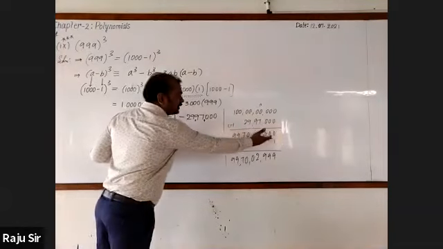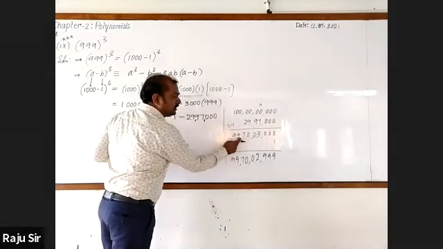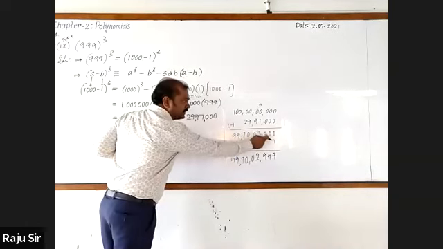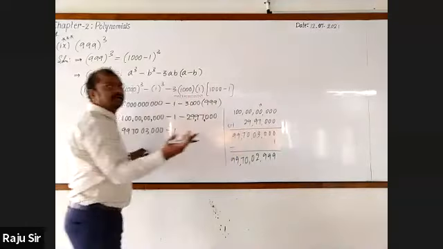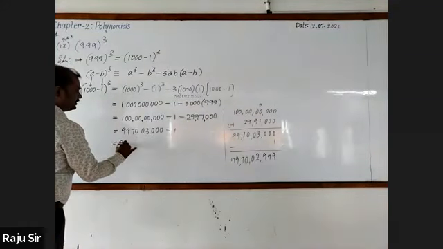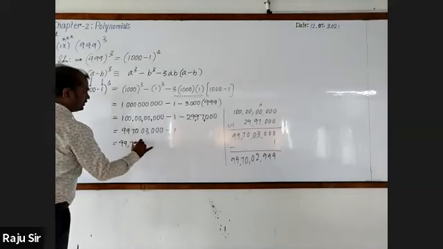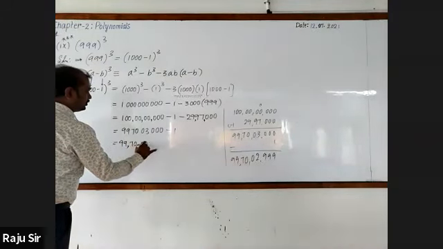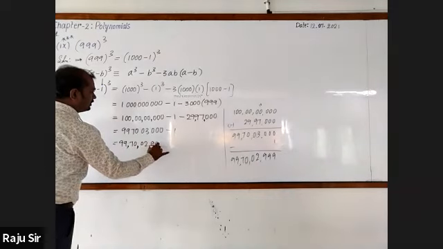We are subtracting only one, so directly you can tell that 99 crores, 70 lakh 3,000 is there, it will be 2,999.